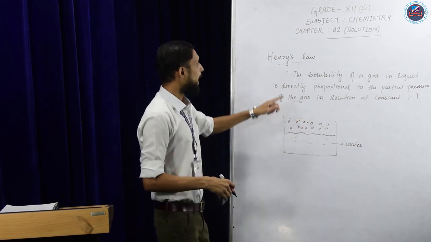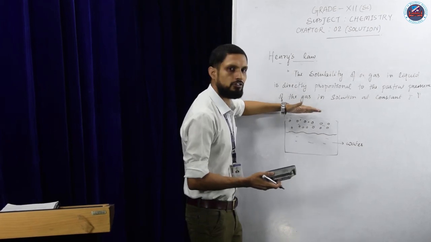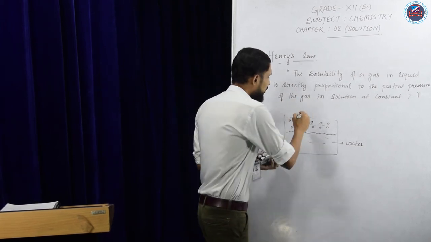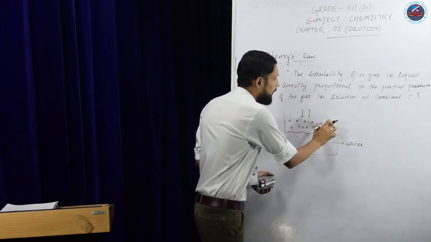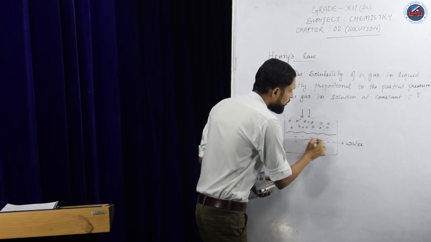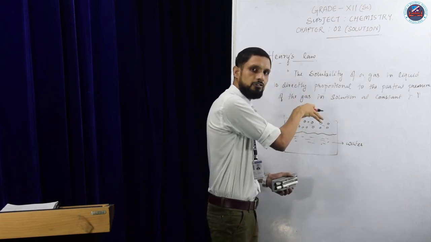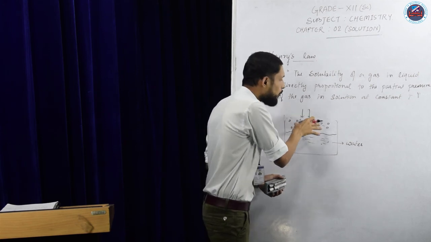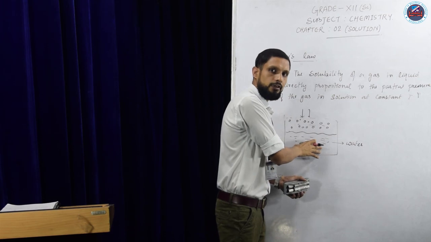Now, according to Henry's law, if we increase the pressure, the solubility of the carbon dioxide will increase in the water. That means more the pressure applied by the gas, more will be the solubility of the gas in the water, that is in the solvent.